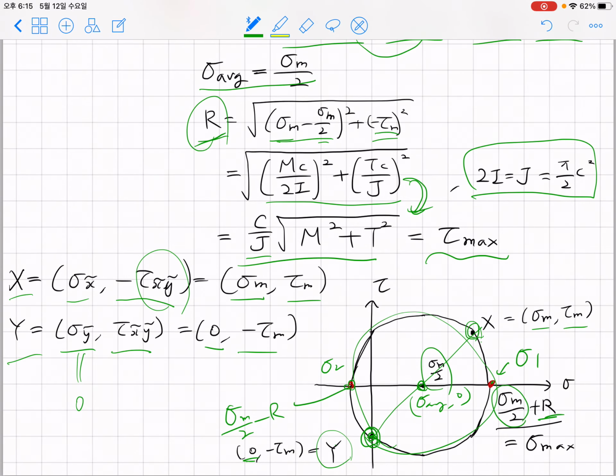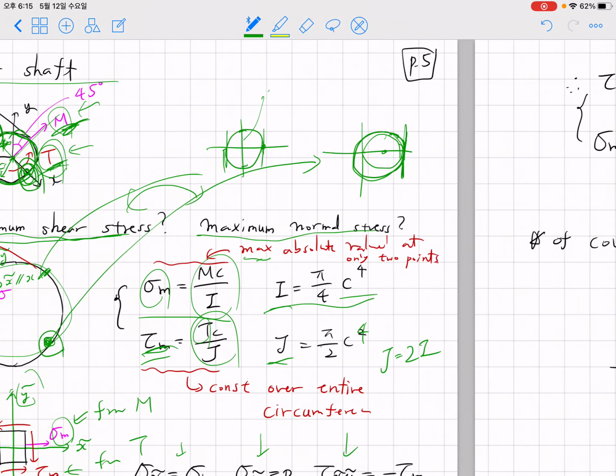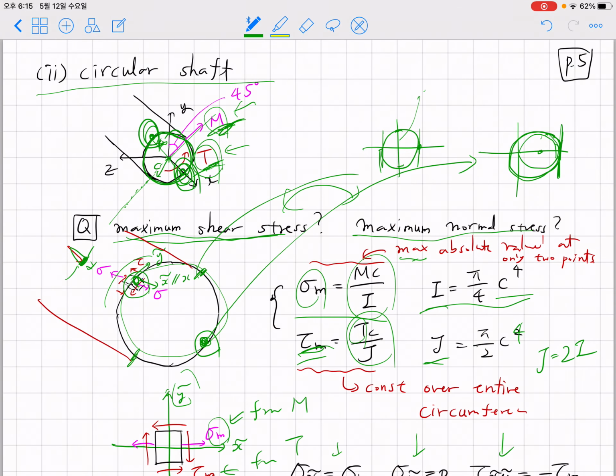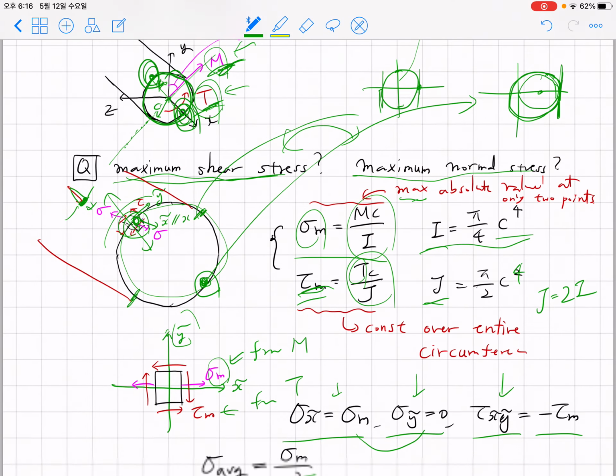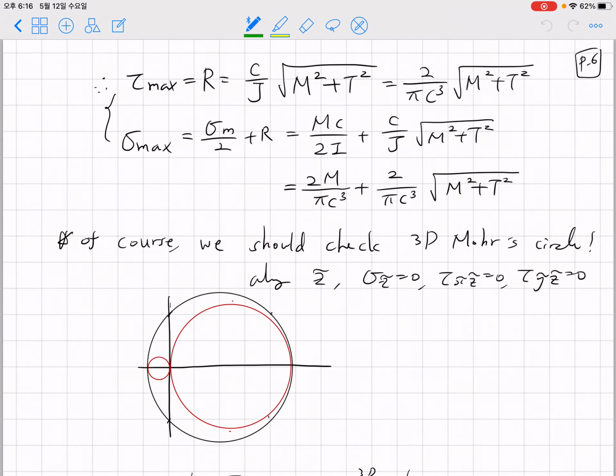However, we always have to worry about the three-dimensional Mohr circle and think about it. When we consider the three-dimensional Mohr circle, we have to consider the radial direction stress. But at the surface of this circular shaft, there is no shear and normal force along this side wall, so you can immediately notice that this is a plane stress problem at the surface.